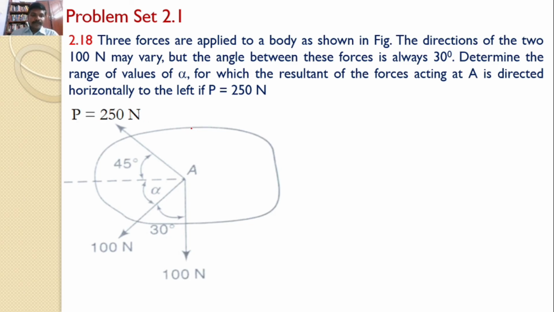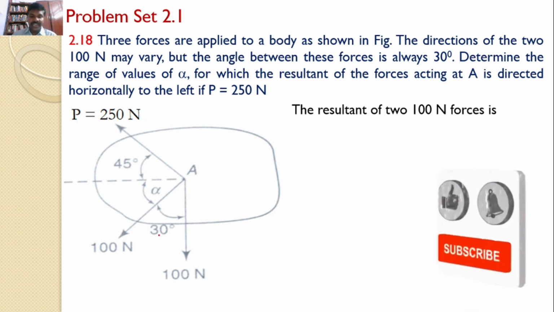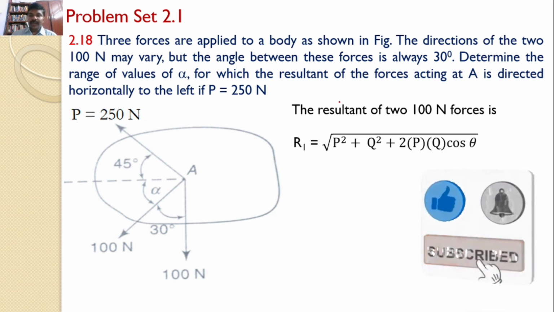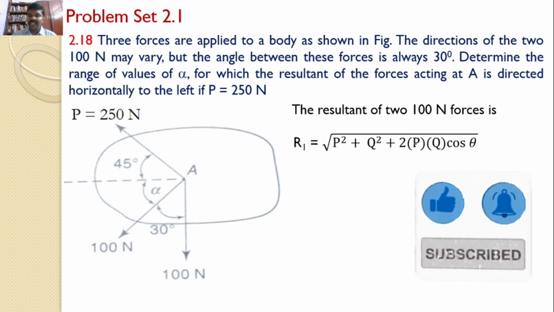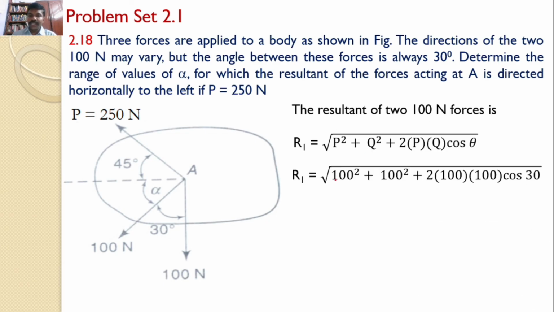So in this problem, first let us try to find the resultant of these 100 newtons forces. The angle between these 100 newtons forces is given as 30 degrees. So I can find the resultant by using the formula we just discussed, and after substituting that, R1 is equal to square root of 100 squared plus 100 squared plus 2 into 100 into 100 into cos 30.